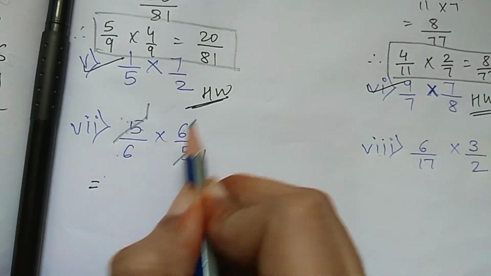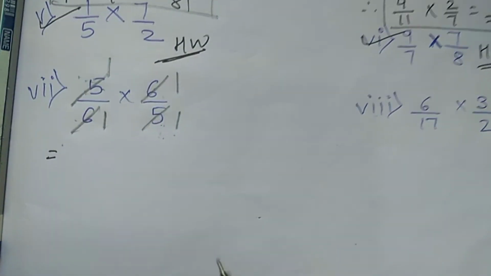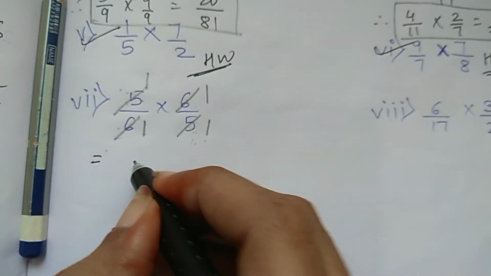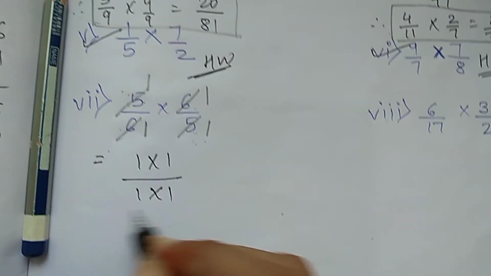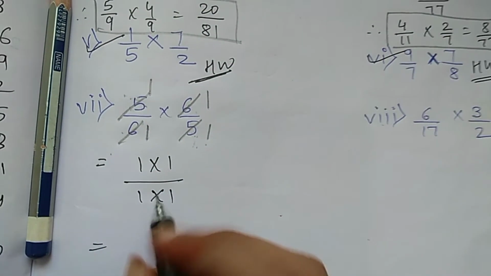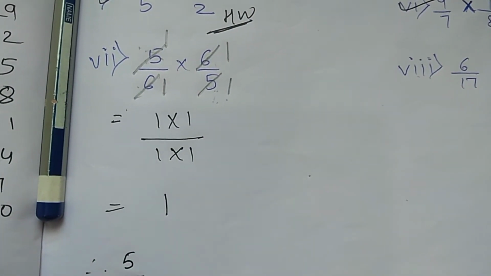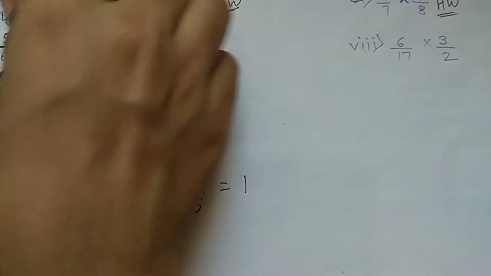Again here, 6 ones are 6, 6 ones are 6. We did the cutting the way I explained before in the example. So which numbers are left over here? 1 into 1 in numerator, 1 into 1 in denominator. When everything is 1, our final answer is also 1. So therefore 5 upon 6 into 6 upon 5 gives us 1.